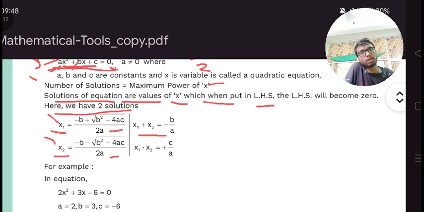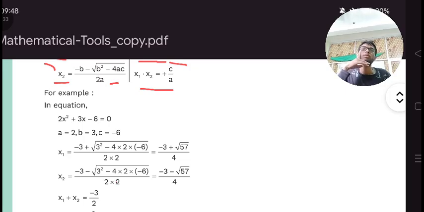Next, the sum x1 plus x2 is equal to minus b upon a, where b and a are coefficients. The product x1 into x2 is equal to c upon a, where c is a constant and a is a coefficient. For example, take the equation 2x square plus 3x minus 6 is equal to 0.